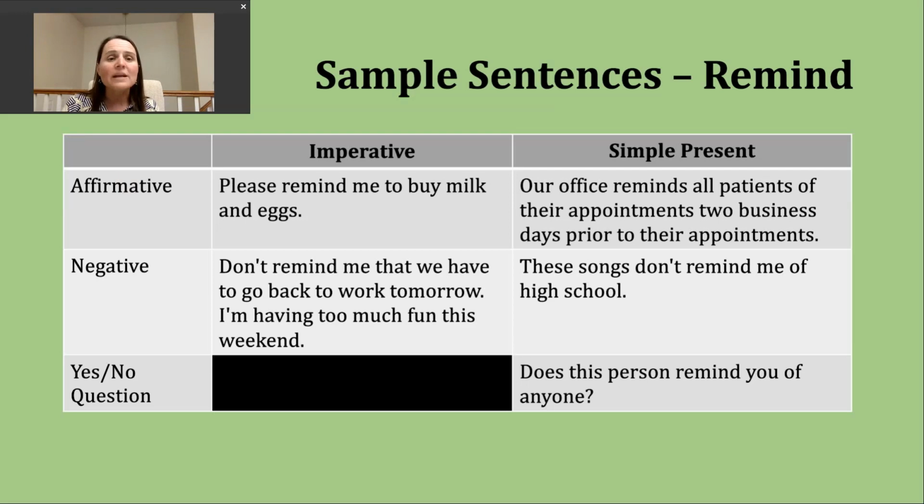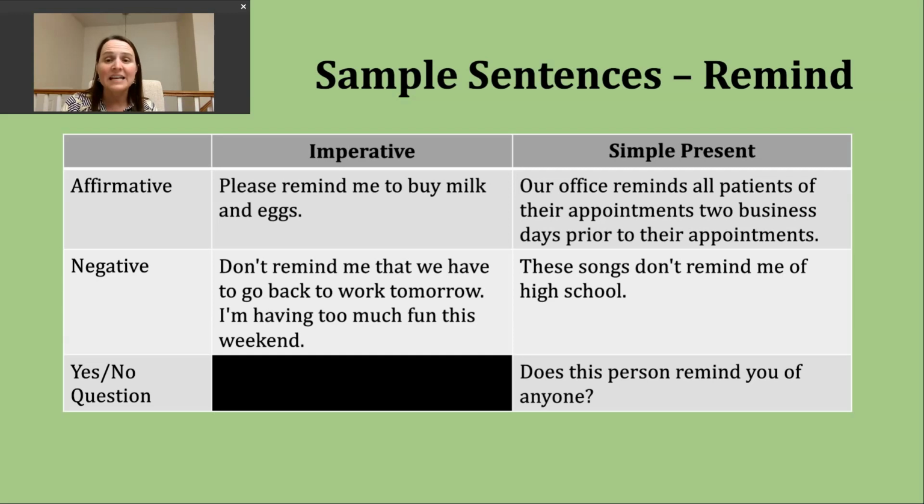I want to point out, if you notice, after this verb remind, we always have an object, right? So who is being caused to remember, or who is being asked to bring their attention to a certain thing. So you can see the object me used in several of my examples here.